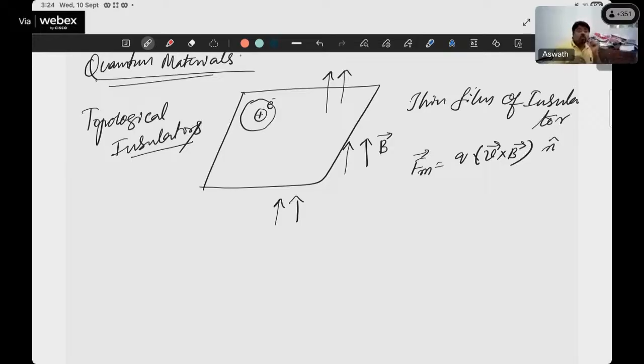It will move the electron away from the nucleus. For example, here the electron is there, and the force will move the electron away from the atom.